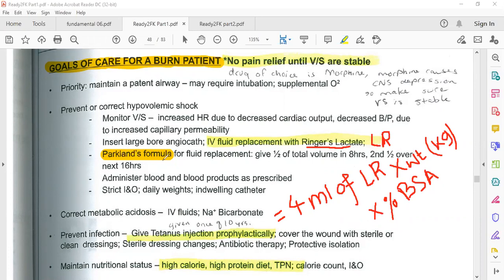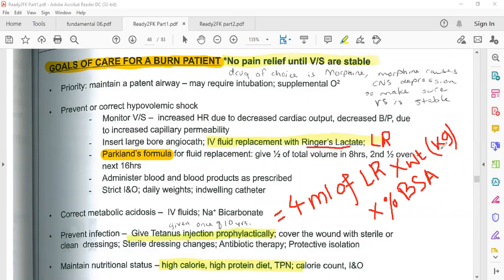The Parkland formula equals 4 ml of Ringer lactate, or lactated Ringer solution, multiplied by body weight.